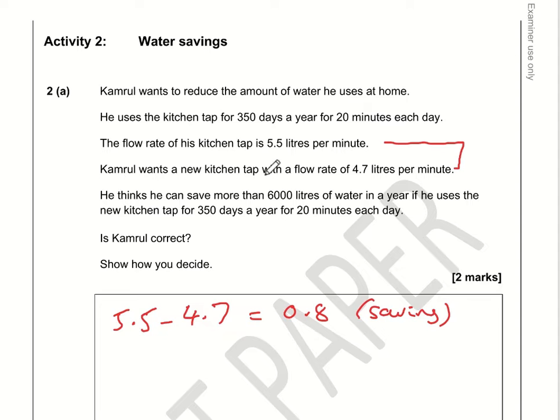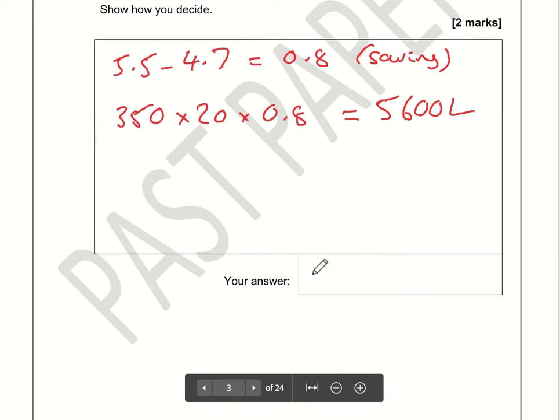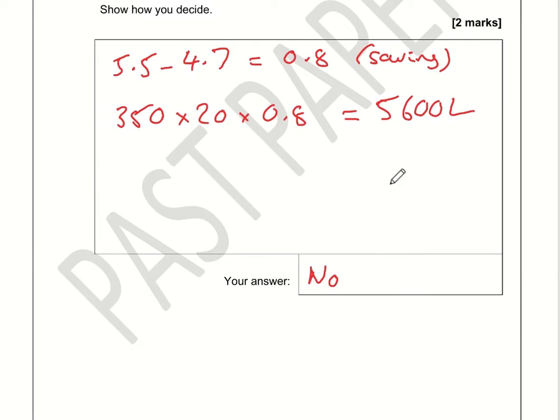He's going to have the tap running for 350 days per year for 20 minutes per day, saving 0.8 litres per minute. So just multiply these together, and that comes to 5,600 litres. Can he save more than 6,000? No, he is wrong, because 5,600 is less than 6,000.